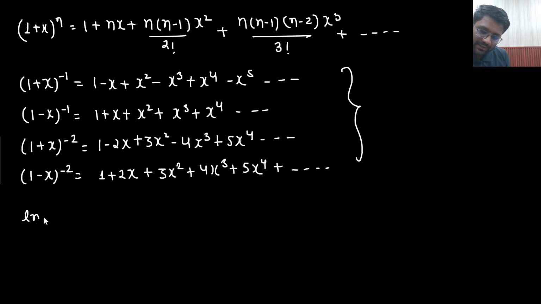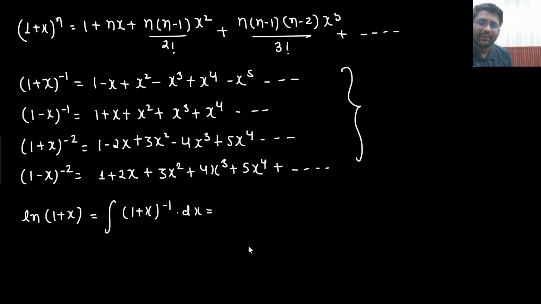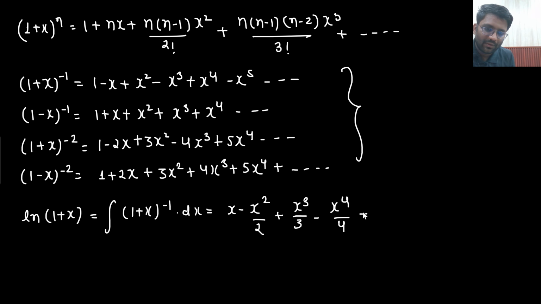Now if they are asking ln 1 plus x, sir, ln 1 plus x simply will be the integration of this one. So when I did the integration, what answer am I getting? x minus x square by 2 plus x cube by 3 minus x to the power 4 by 4 plus x to the power 5 by 5 and so on.